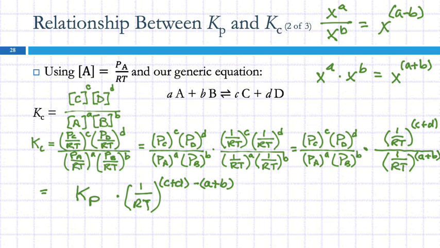What's the best way to explain this? There's different ways to think about it. So to solve this for KP, I need to divide both sides by this, right?